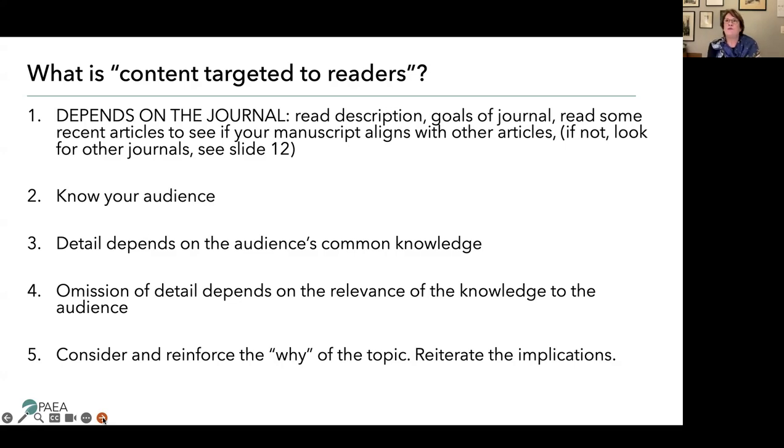And so if you're bringing forward a theory that is probably less well known, or you're comparing two theories, one of which is well known and the other one isn't, you might need to provide a little background information so that the reader can understand why you used this frame. And sometimes you omit details because they're not relevant at all to the audience.